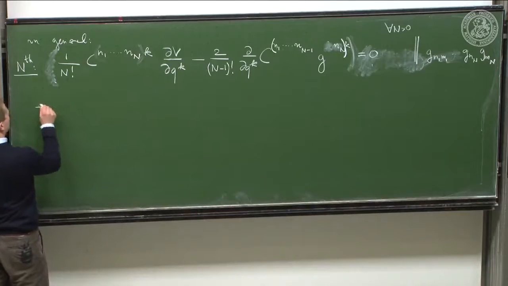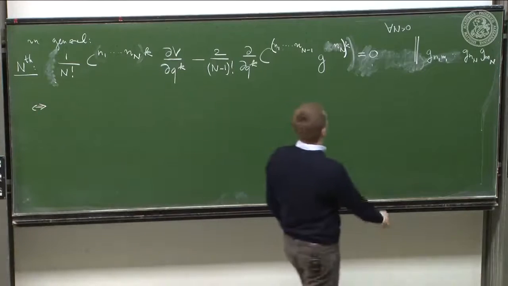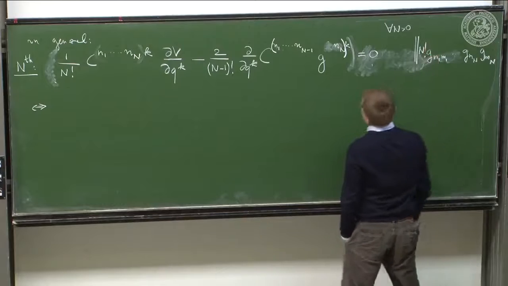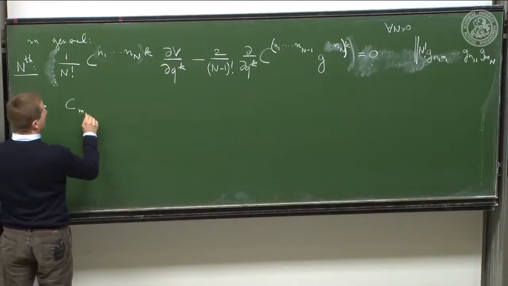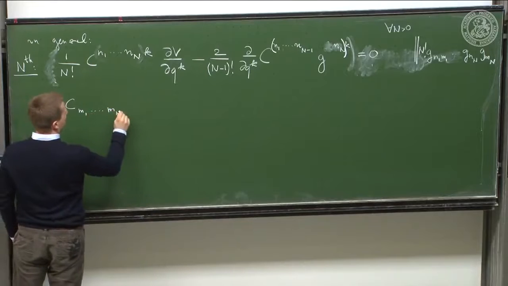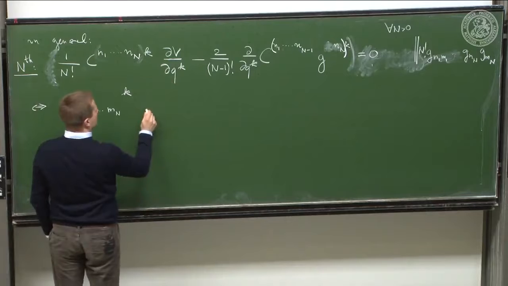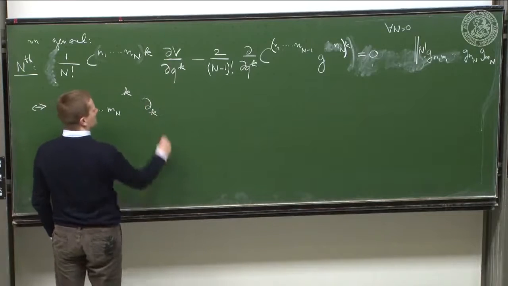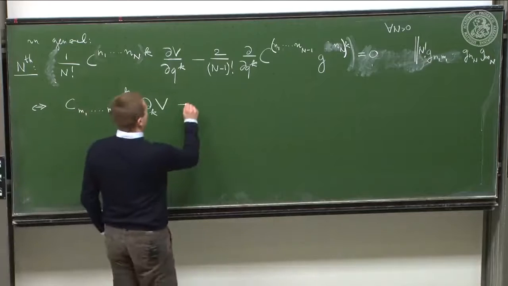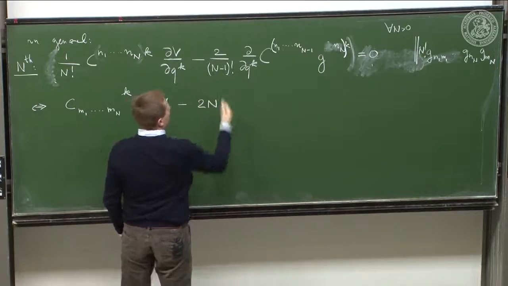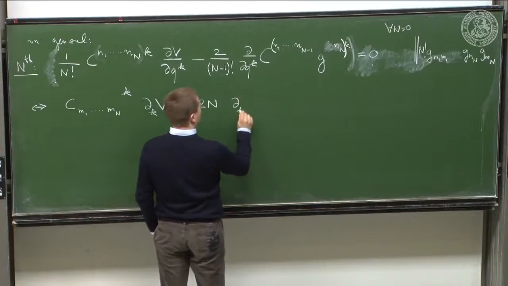So what we get then from that, it's equivalent to, oh, and we could multiply by n factorial, because that cancels this factor here. So then we get C m1 to mn up k. The k stays up there. And now I write this derivative del k just means with respect to spatial coordinates. Del k V minus 2n, because n factorial and the 2 and so on. And here I have del k, spatial derivative.